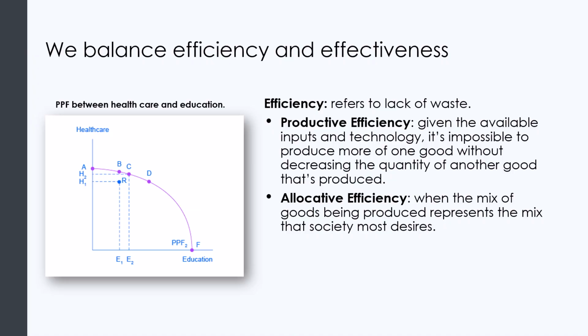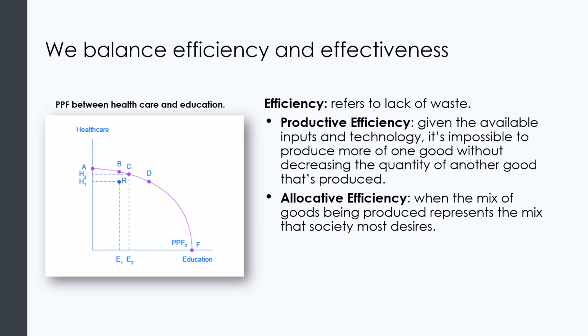And that law of diminishing returns is what we saw in our healthcare trade-off, right? As we moved along the curve, we kept pumping more and more into gaining education, losing more and more in our healthcare in that trade-off.